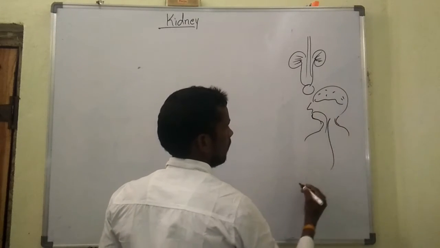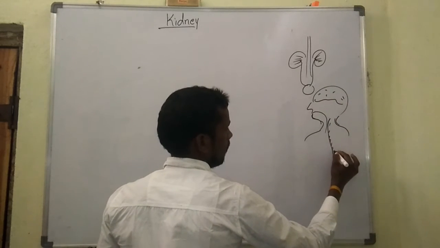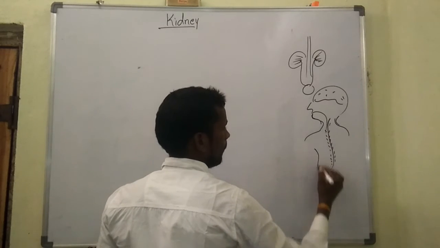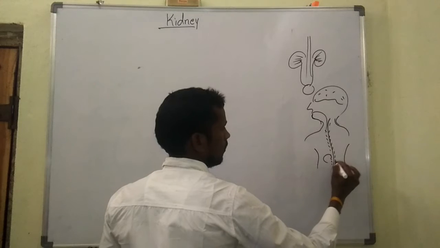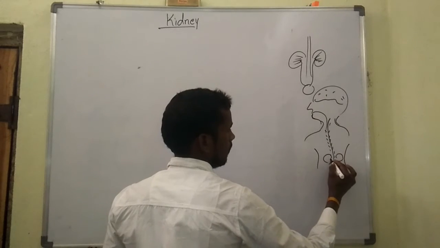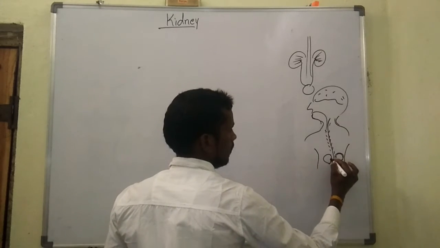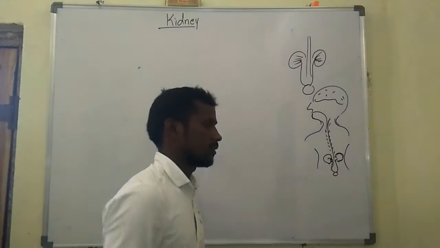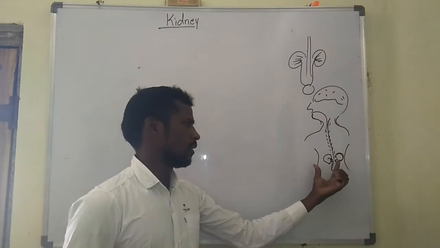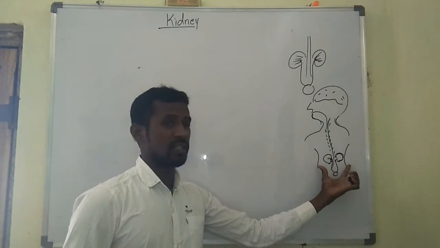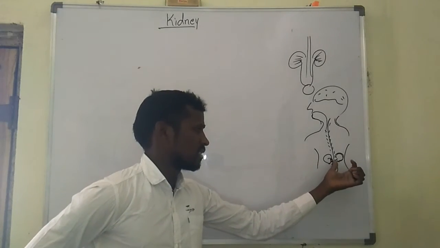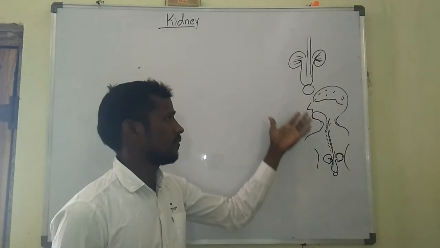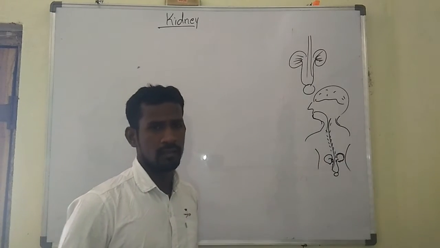The dorsal body wall is here, the back side. The abdominal cavity is the front side and the dorsal body wall is the back side, where the backbone is present. So that is attached to the dorsal body wall.